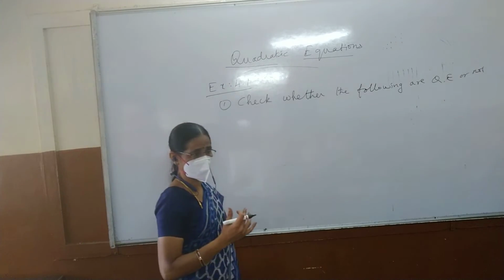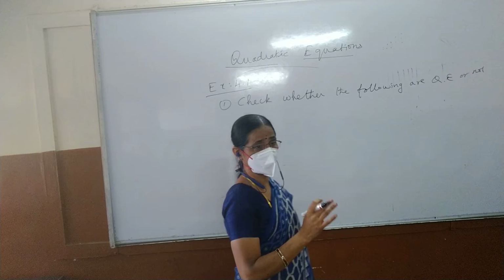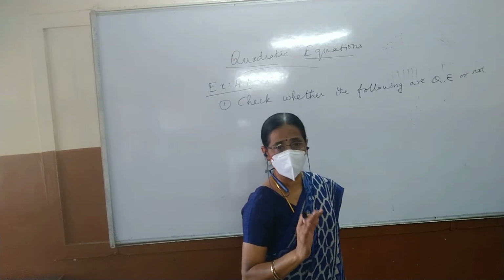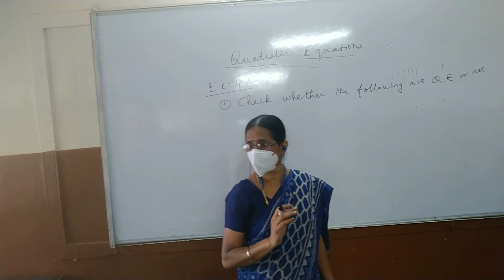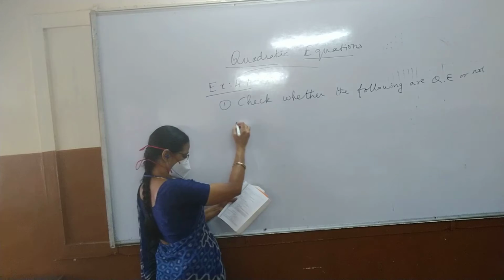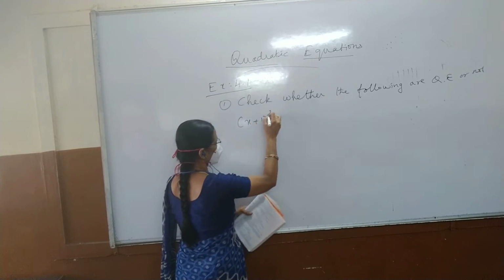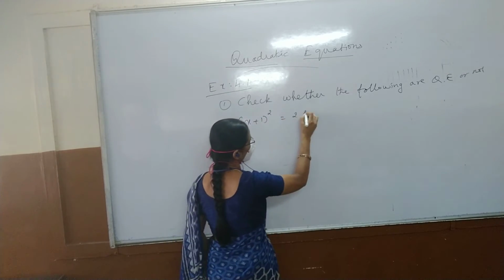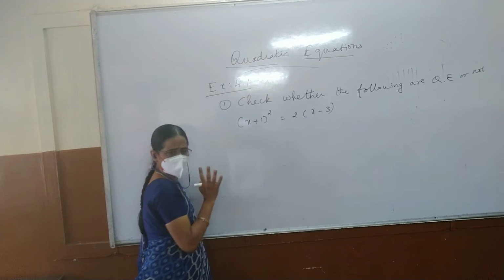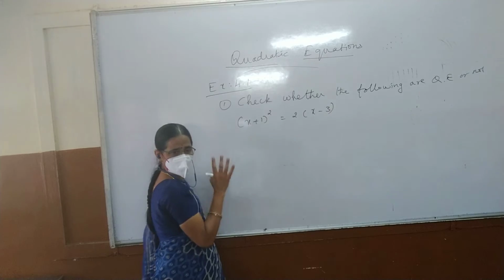Whereas when brackets are given and terms are scattered here and there, first we should bring it to the standard form. Only then can we check whether it is a quadratic equation. So the first one is (x plus 1) the whole square equal to 2 into (x minus 3). Looking at this equation, we cannot say, so we have to simplify it.